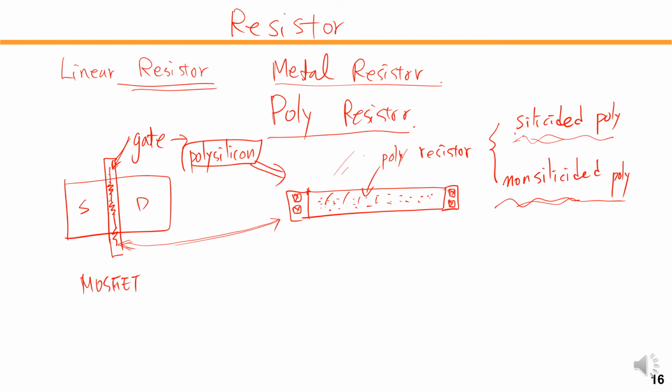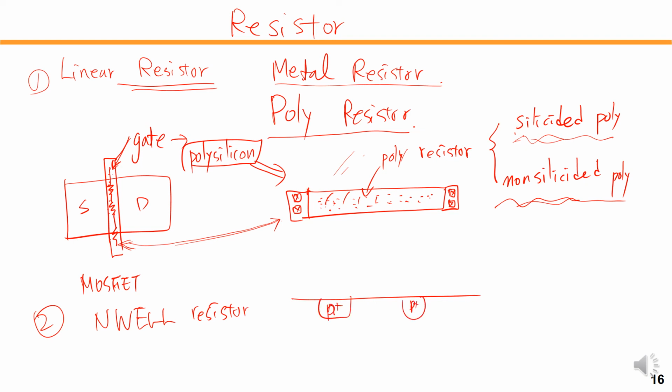Another resistor material you can think of is the well resistor. You know that for the PMOS device, we use the N-well, right? This N-well structure can be used as a resistor, by just drawing the N-well.